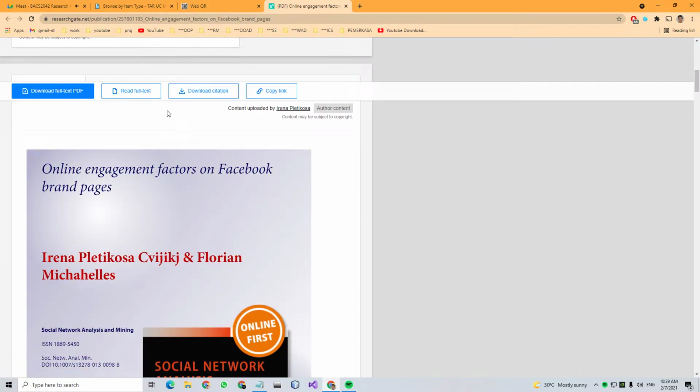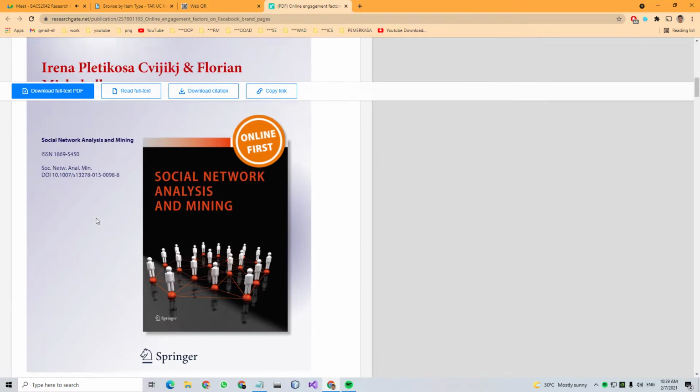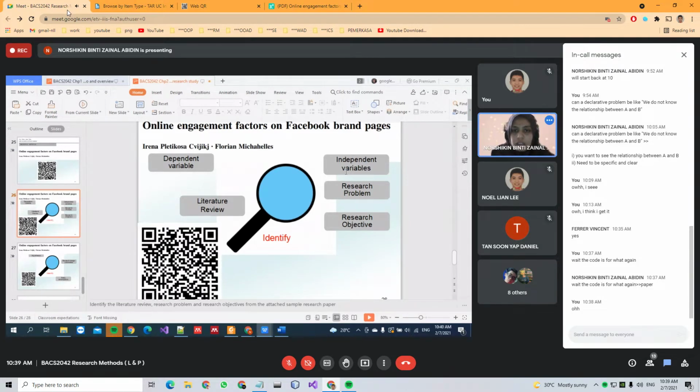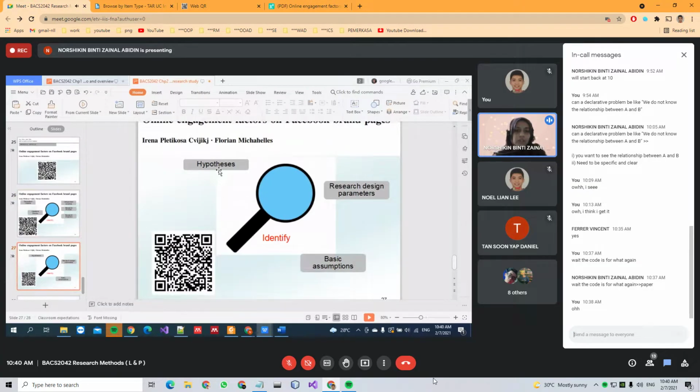What is usually needed for your paper or your report is usually the dependent variable and independent variable. These two variables are usually in the hypothesis. They will be included in the hypothesis. Usually you can see the research problem from your problem statement, your research objective, your LR, your hypothesis that includes the variable and the basic assumption, and then the research design parameter.